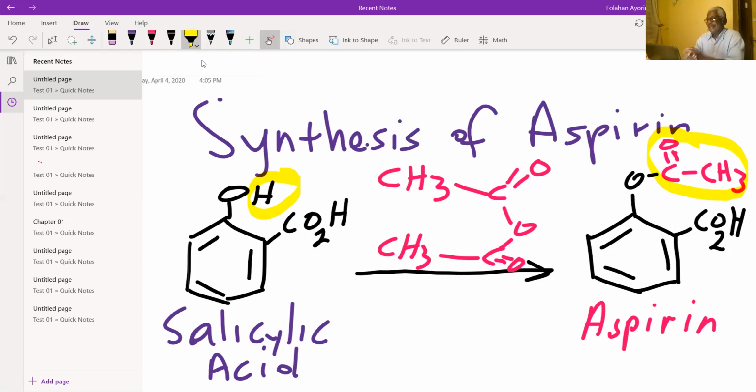So you can see here, using the Microsoft Office OneNote, to me, that is the preferred application I will use with the Zoom platform, because if you use the whiteboard that comes with the Zoom platform, it does not give you that much space to write.